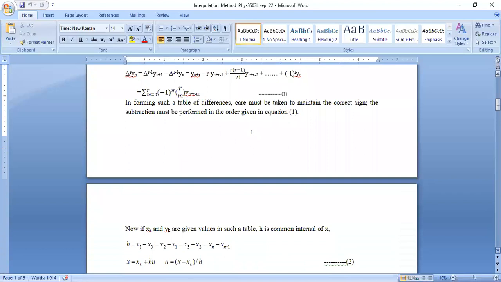You see, now I define the two variables xk and yk, which I will explain.